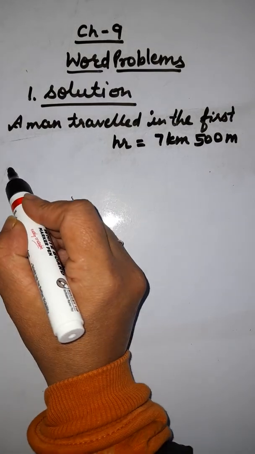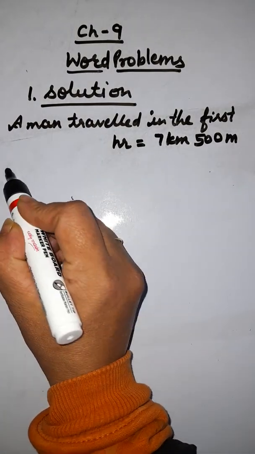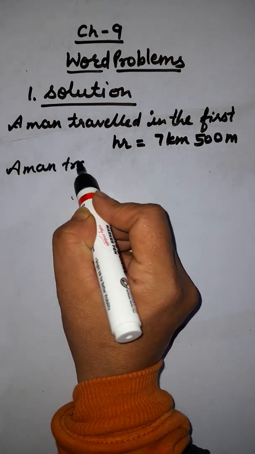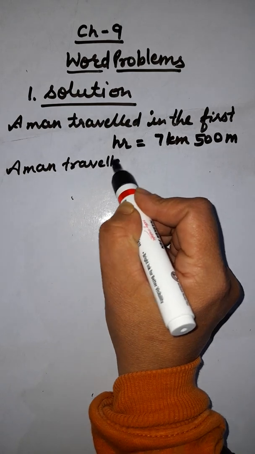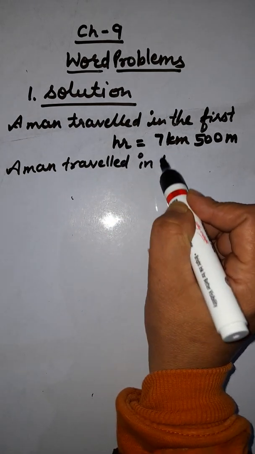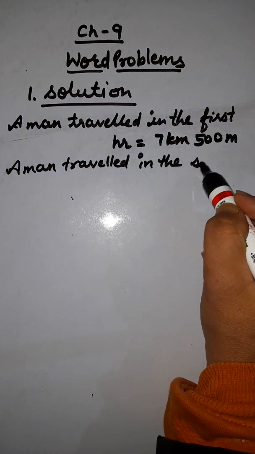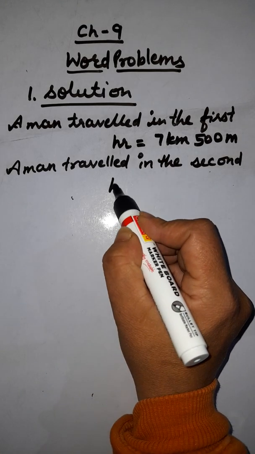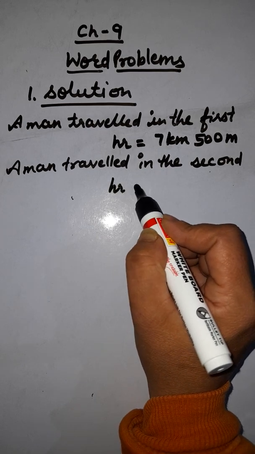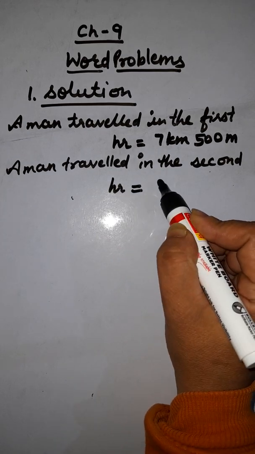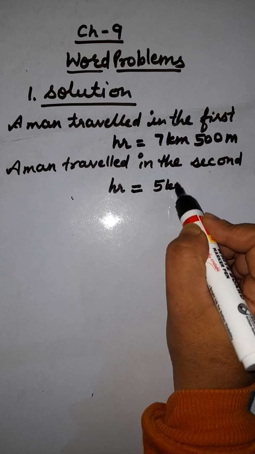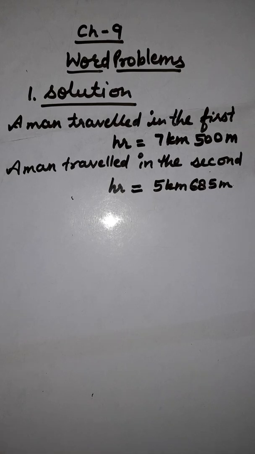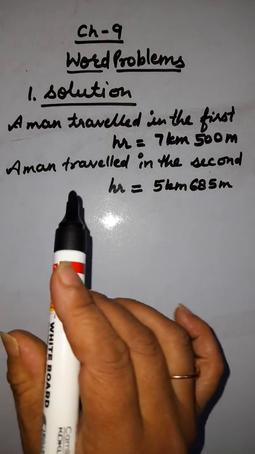So next line will write same, like a man traveled in the second hour. Okay, first hour also given, second hour. I have written here in short form, HR is equal to 5 kilometer then 685 meter. Okay, this is the second statement.